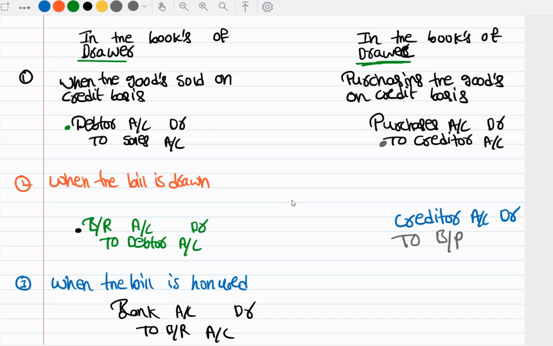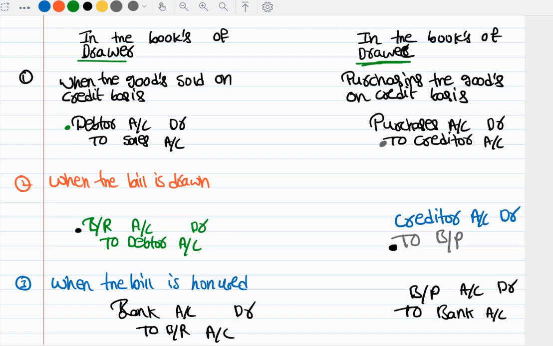And then here drawee will be paying the money. For him bank balance will be decreasing, asset is decreasing. When the asset decreases, what do we do? We'll credit it to bank account. And then this bills payable is no longer a liability, so we need to cancel the bills payable, so to do that I will debit it. Bills payable account debit to bank account.